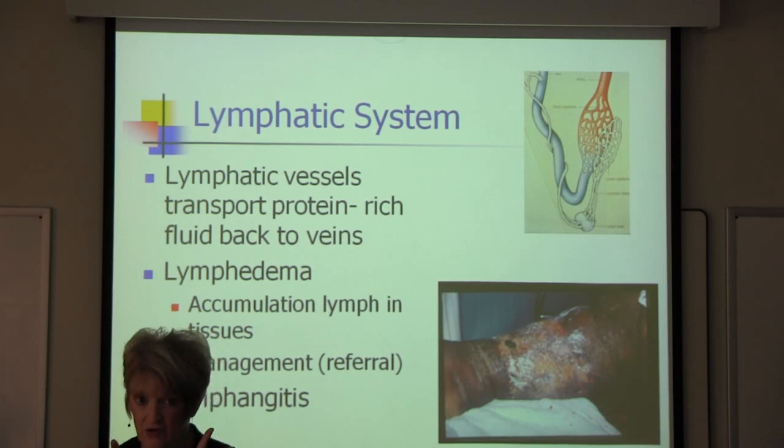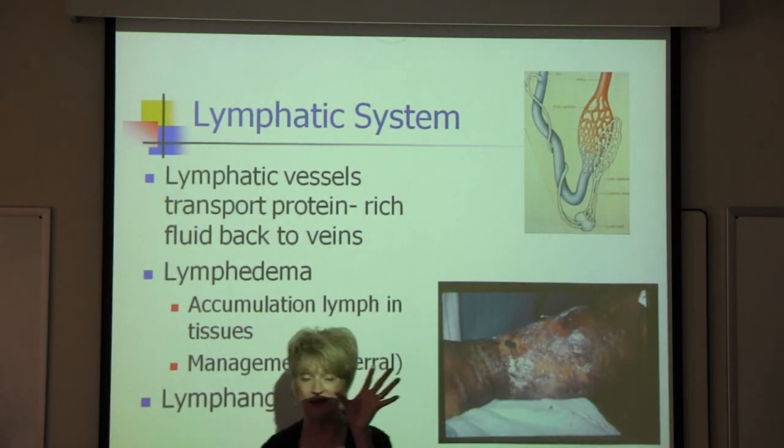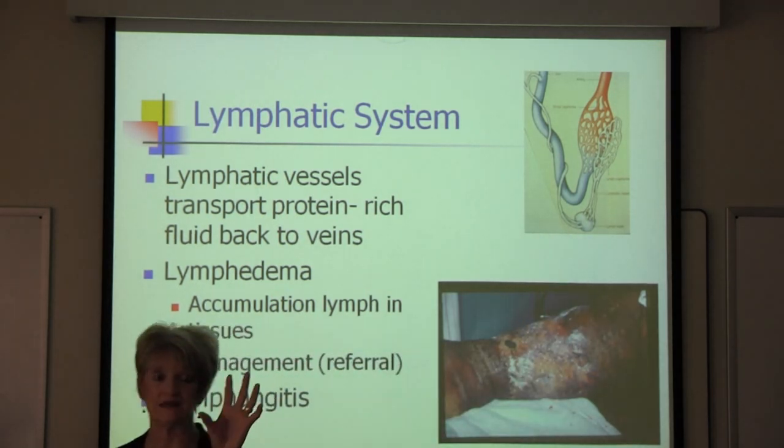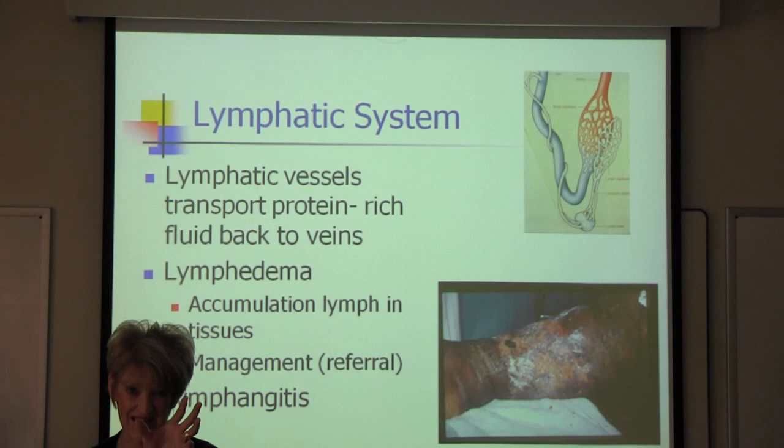Altogether, you end up with about 200 cc's of fluid that gets left behind in the tissues every day with normal function. That's where the lymphatic system comes in. Notice that the lymphatic capillaries have little open ends, so that makes it very easy for those large molecules, those proteins, to pass into that little lymphatic capillary.